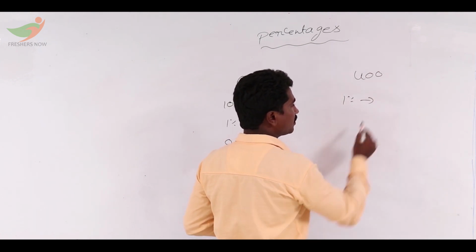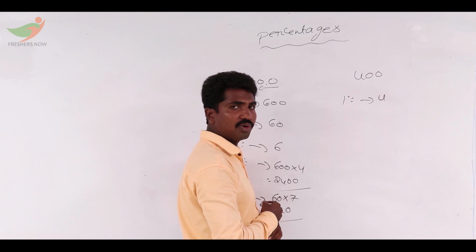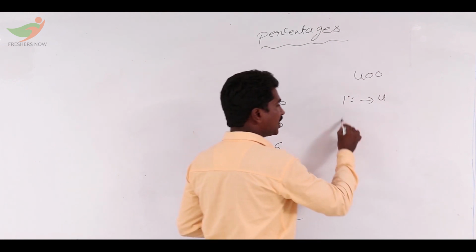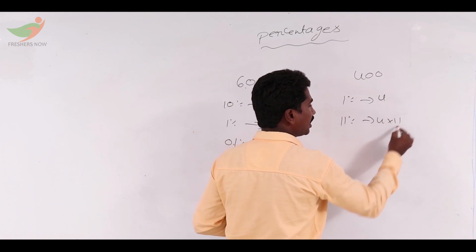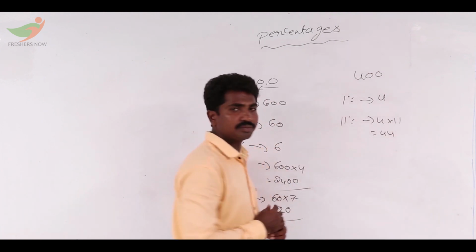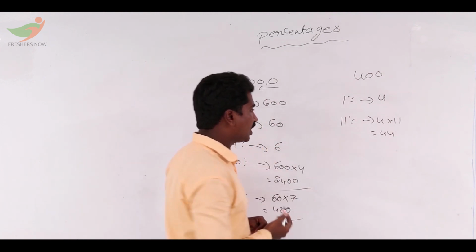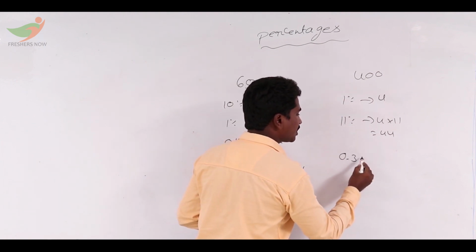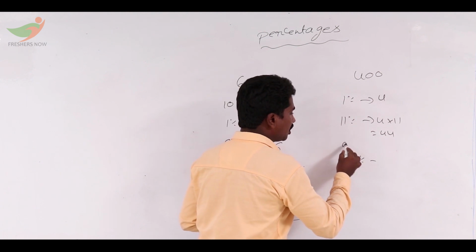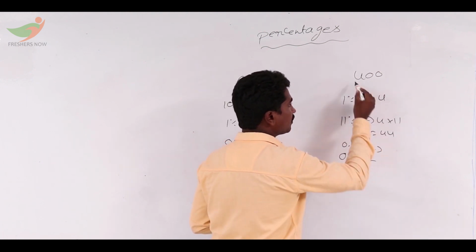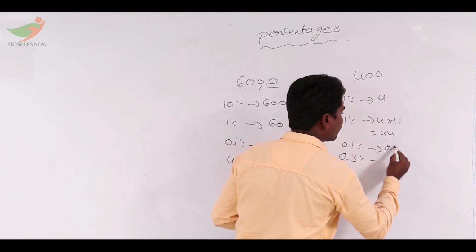If you take another number, 400, here the 1% value is how much? Put a point after 2 digits from right. 1% value is 4. If you want to find the 11% value, here we know the 1% value, so 11% value is 4 into 11, 44. If you want to find 0.3%, we know 0.1% is how much? Put a point after 3 digits from right: 0.4.